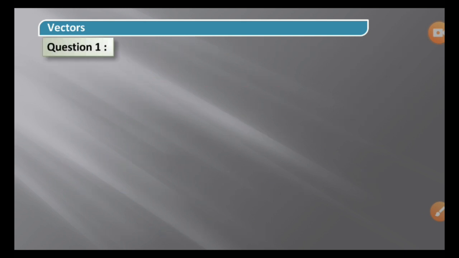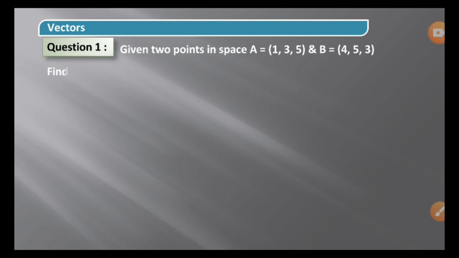Now here we will solve some examples on all these concepts. Question number 1: given 2 points in space, A is equal to (1, 3, 5) and B is equal to (4, 5, 3). We will find vector AB, vector BA, magnitude of vector AB, magnitude of vector BA, and also the scalar multiplication of a vector, that is 3 times AB vector.